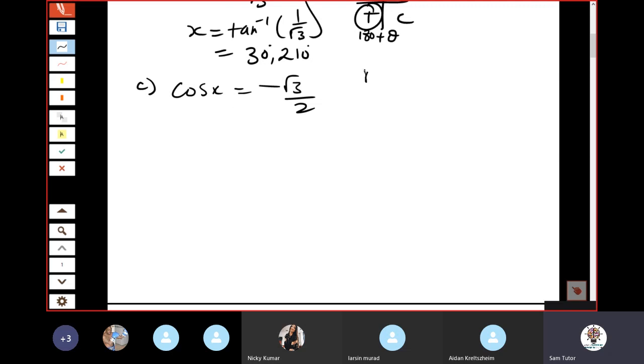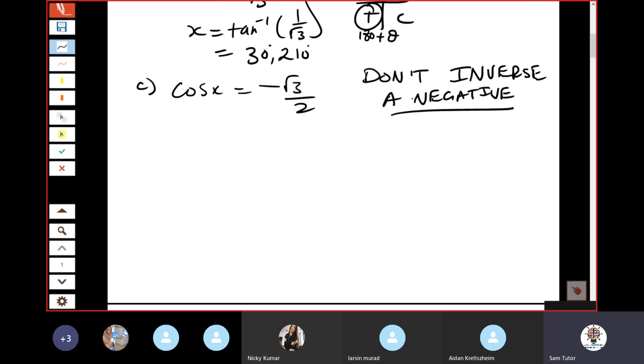Don't inverse a negative. You'll never see me do it. So you're not going to go shift cos negative root 3 on 2 and get an answer. What we draw when we're doing negative cases, I like to draw these little hats.